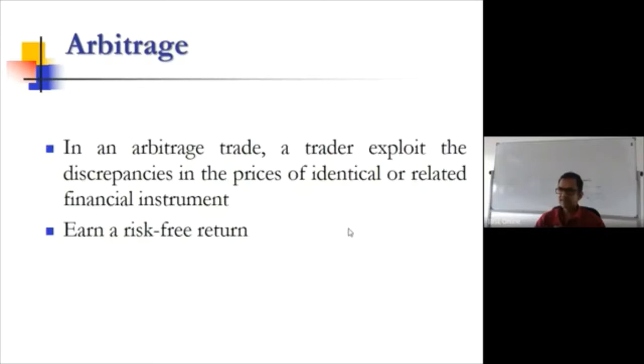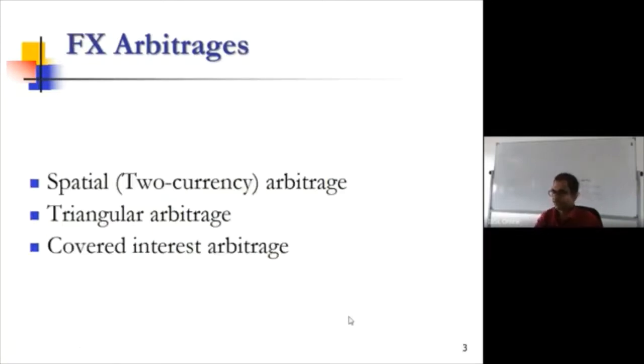It exists when there are price discrepancies on the same financial instrument, so you can earn a risk-free return, without taking any market risk. In FX, there are three types of arbitrages: spot arbitrage, triangular arbitrage, and covered interest arbitrage.